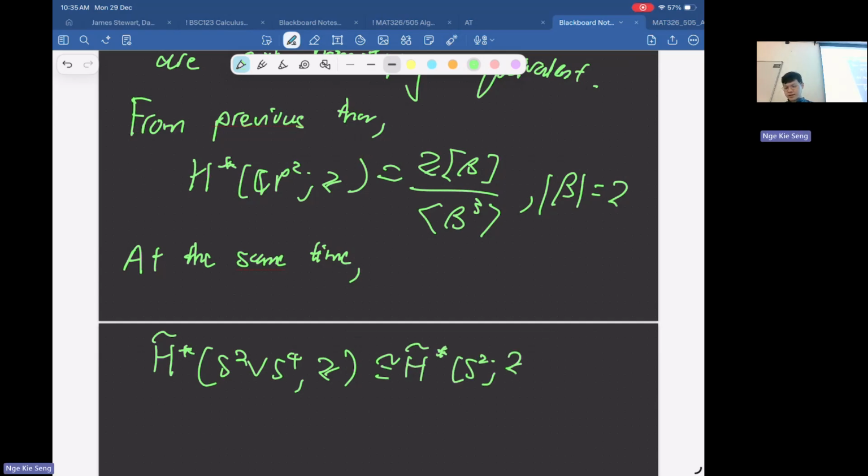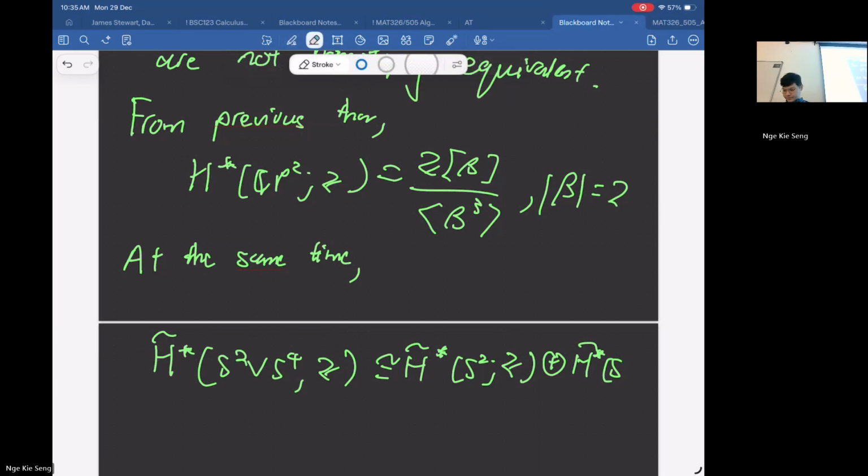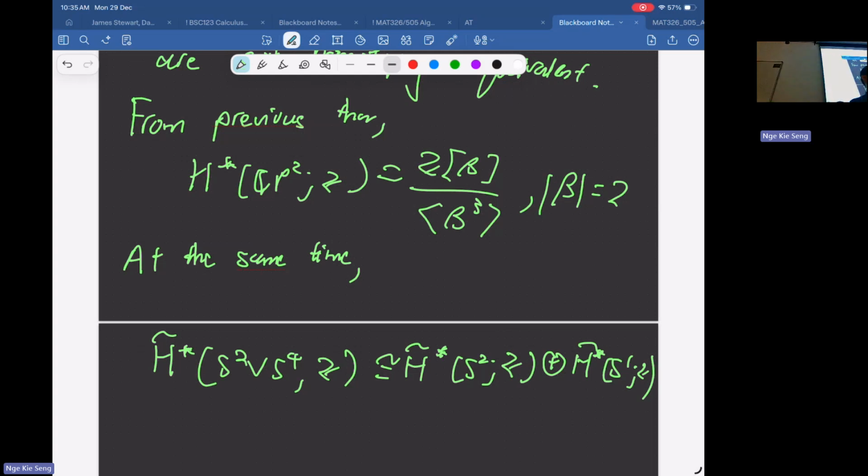Reduced cohomology of a wedge sum can be split into a direct sum. So what's the difference between reduced and unreduced? Do you still remember? In the reduced one we throw away H0, so the H0 part becomes nothing. You throw away the identity.